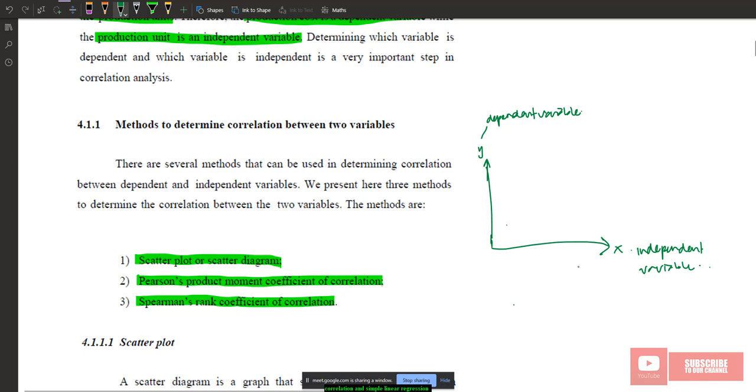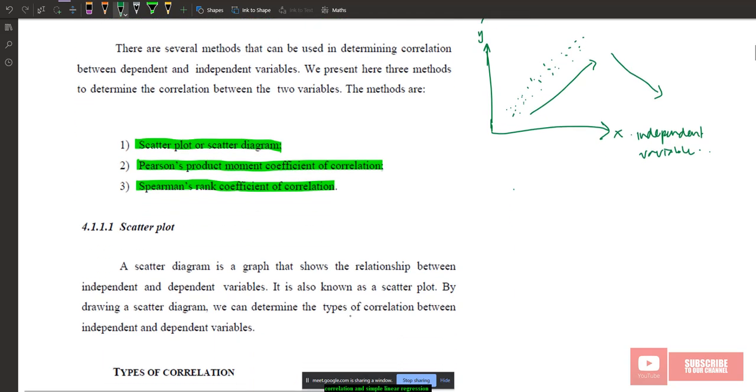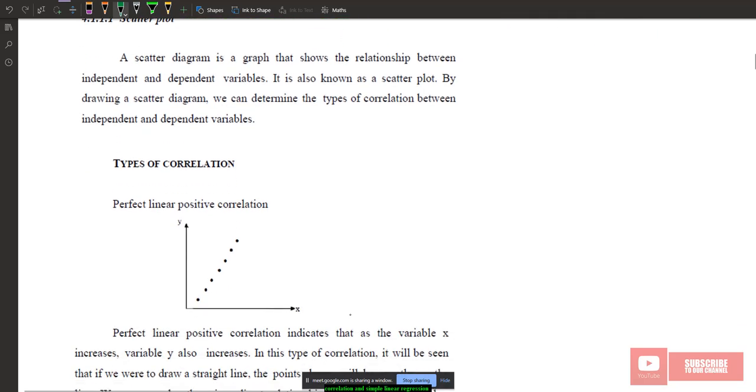Normally we plot the data observations into the diagram, scattered. We will see whether the trend is upward or downward. If the trend is upward, then we say that the correlation between the two variables is positive. If the trend is downward, we can say the correlation between the two variables is a negative relationship.